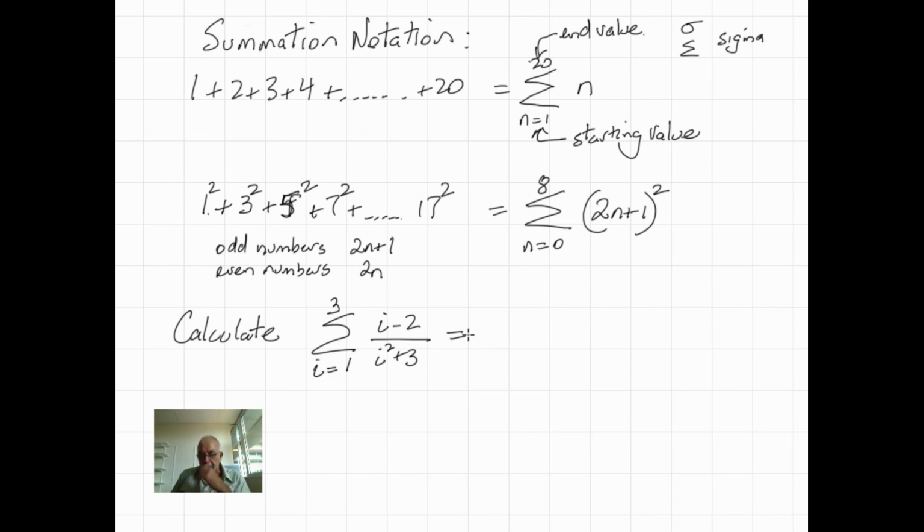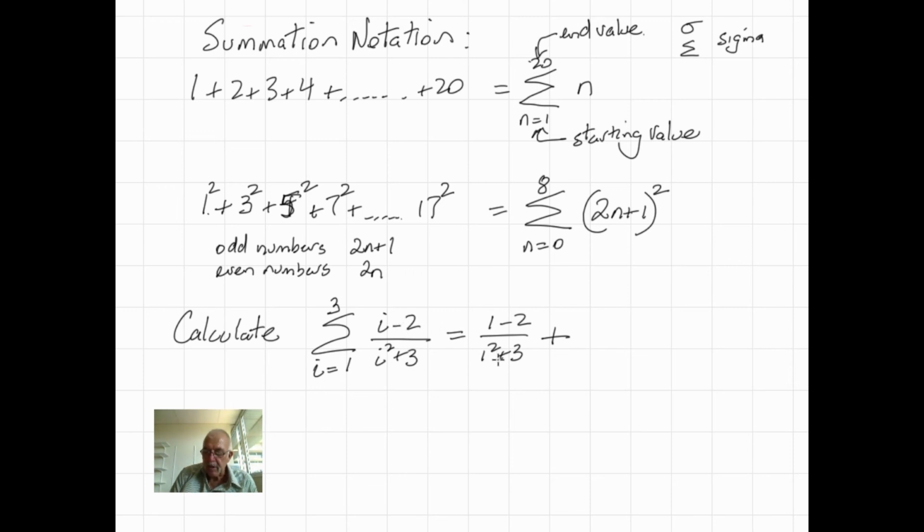We're going to start at i equals 1 and finish with 3, so we've got 1, 2, 3, we've got 3 terms. The first one we substitute in is i equals 1, so it'll be 1 minus 2 over 1 squared plus 3. It's always plus.